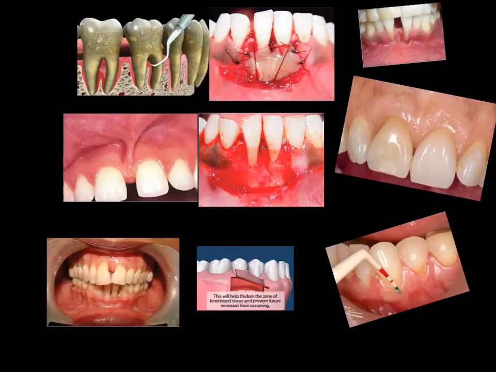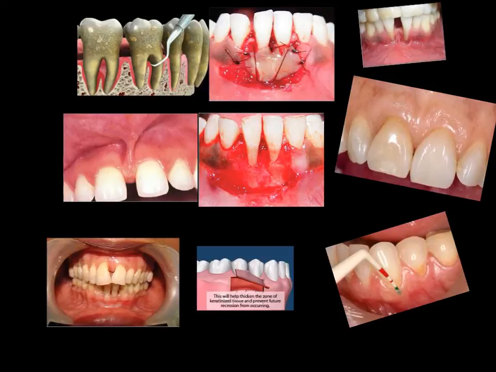The fourth factor is the tissue type. Patients with a thin gingival biotype, as we see here in this picture, are likely to have a poorer outcome than those with a thick gingival biotype. We mentioned in the first part that the thick gingival biotype is less likely to have gingival recession.